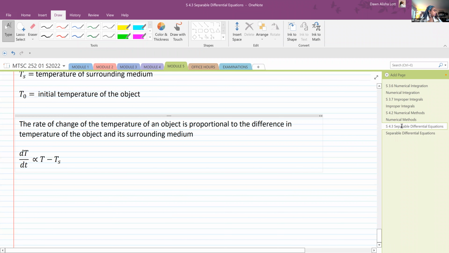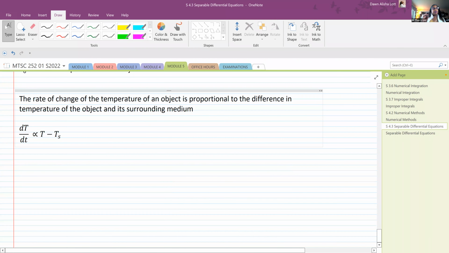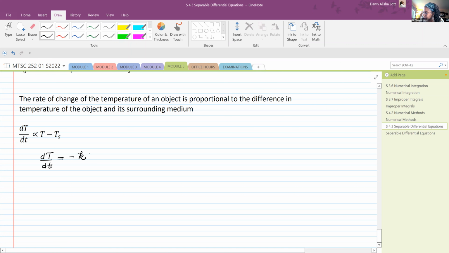Okay, so we can rewrite that. If something is proportional, that means it equals a constant times the item. So we get that the derivative of temperature with respect to time is equal to negative K times (T minus TS).